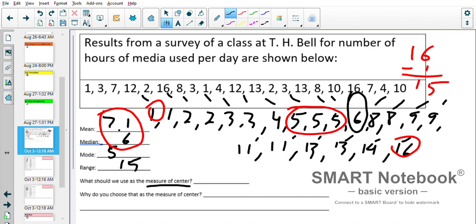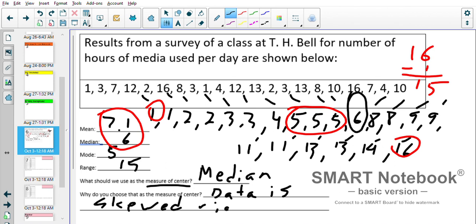We should choose the median as the measure of center. So median, and the reason why we choose that is because the data is skewed to the right. Data is skewed right. Or there are some numbers out here pulling that data off to the right.